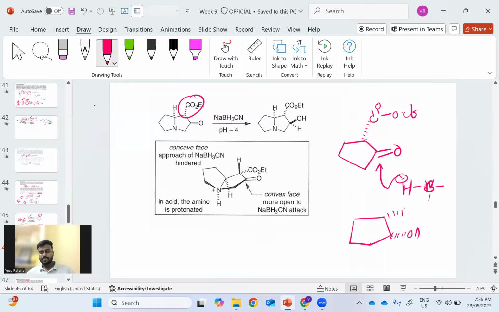Again, this carbon C double bond OEt group will be downward, and the incoming hydride will be upward. So that's the product we get in this case. But here, because of the concave faces of these two five-member rings, attack from the concave side will be difficult.